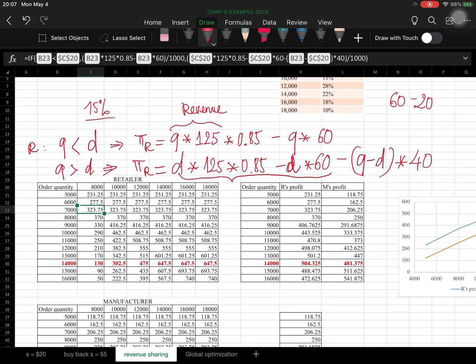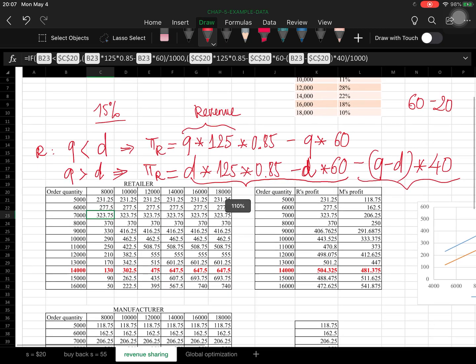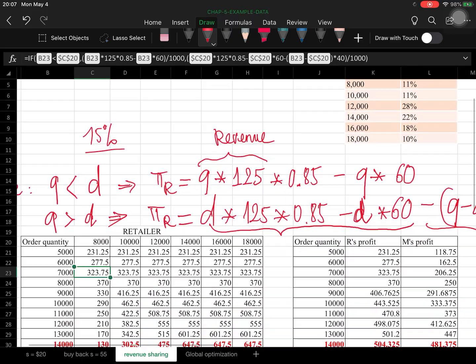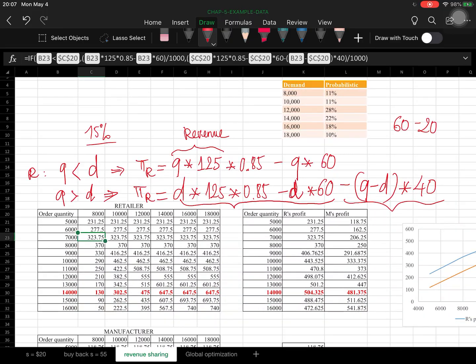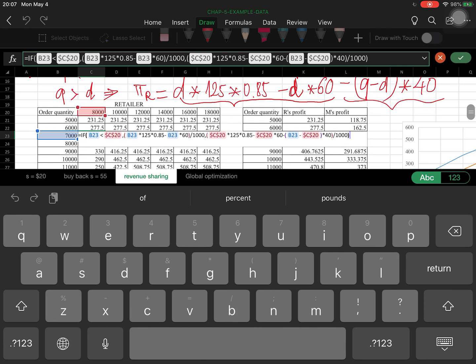Here is the profit we can earn for selling 800, and here is the loss for buying the extra products. So with this function we can combine it in an IF function in Excel like this.